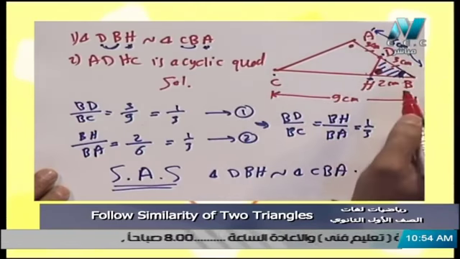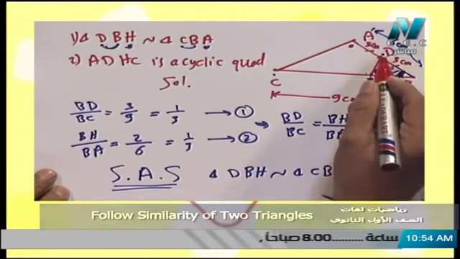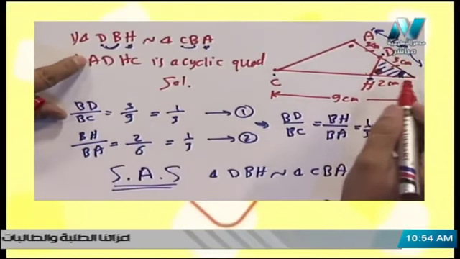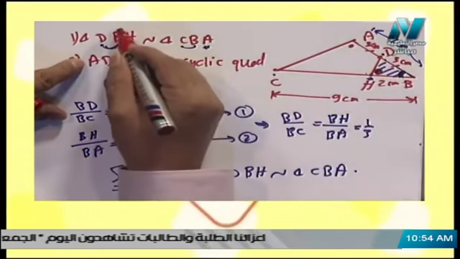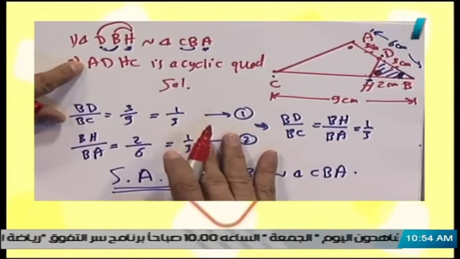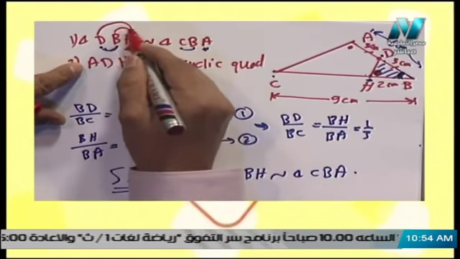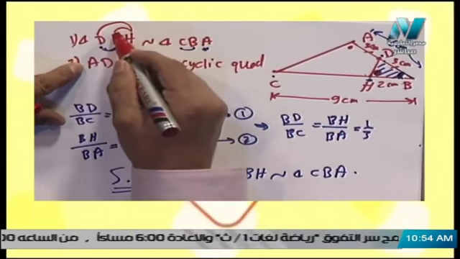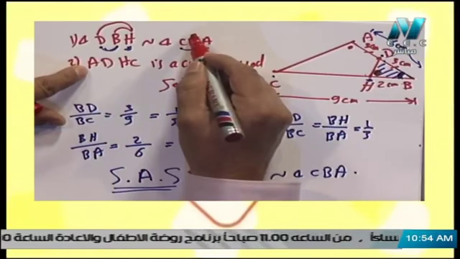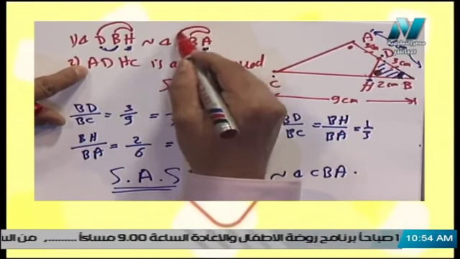So is the angle BHD equal to the angle A? Look here. The angle BHD, look carefully at this arrangement. The angle BHD, of course, will be equal to the angle BAC.